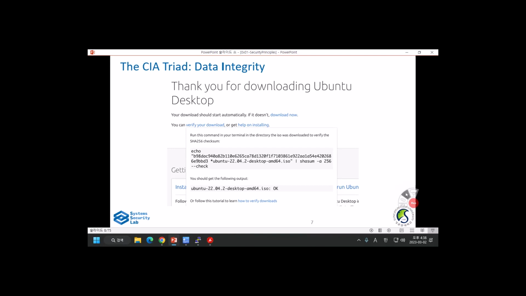Nowadays, we use digital seals or digital hashes to measure the integrity of the data. Whenever you download something from a website, in this case, the Ubuntu installation disk ISO file, you've probably seen one of these, right? They show you a hash value, and you can compare the hash of the downloaded version to the original known good hash value.